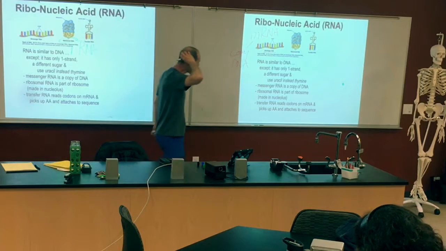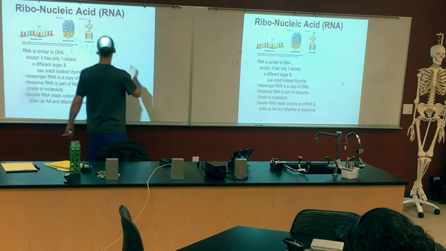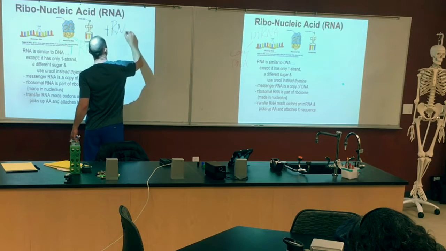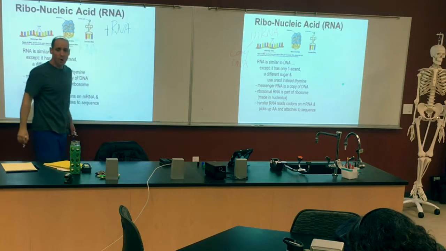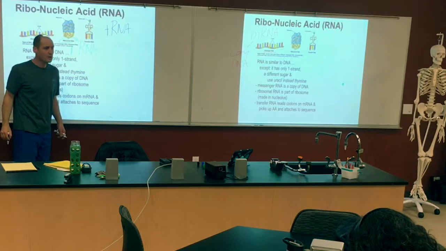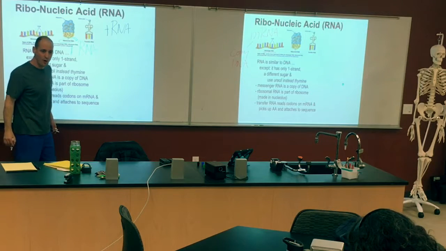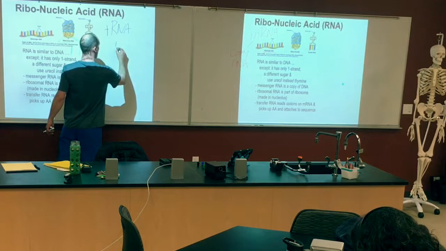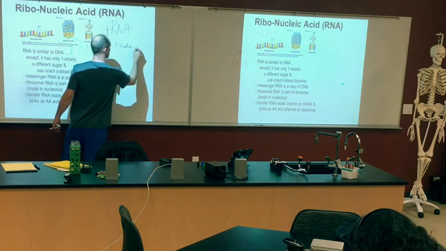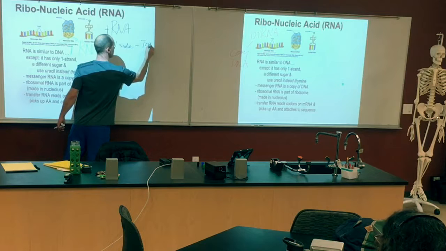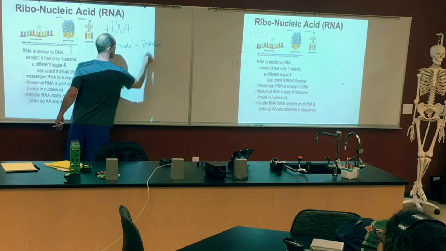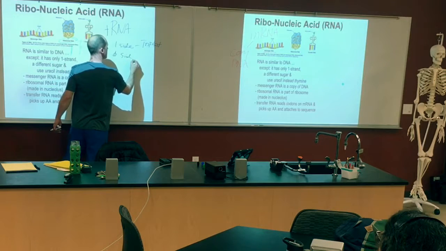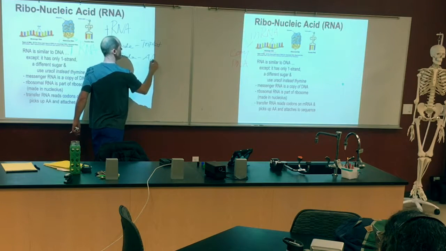And then the last RNA we have is the transfer RNA, the tRNA, and that's the one that reads the mRNA on one side, so one side is a triplet or a codon, and the other side is an amino acid.